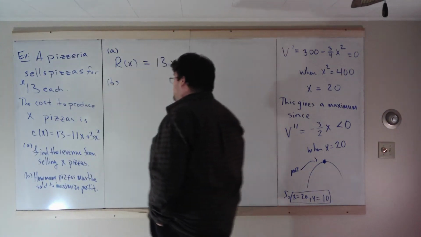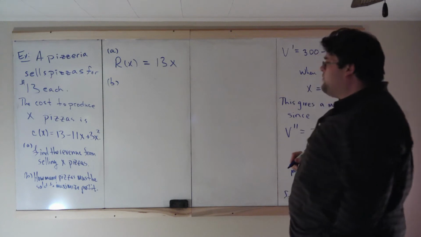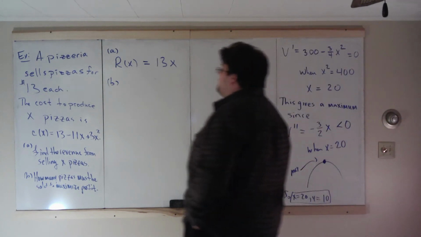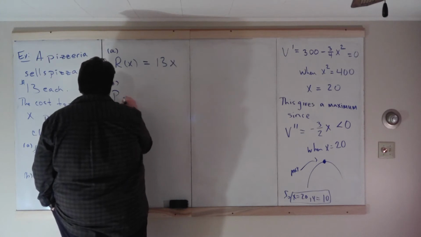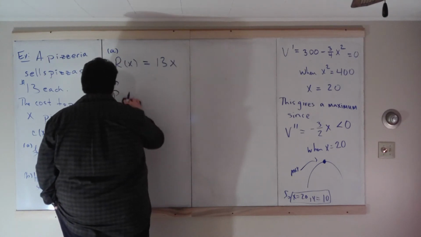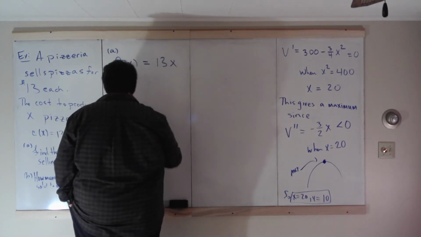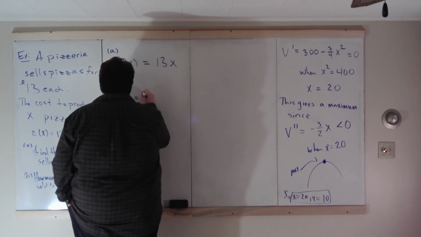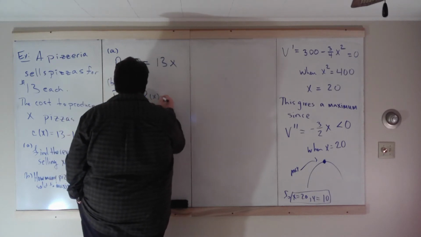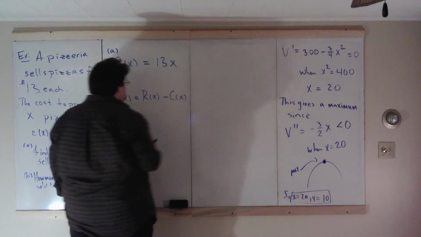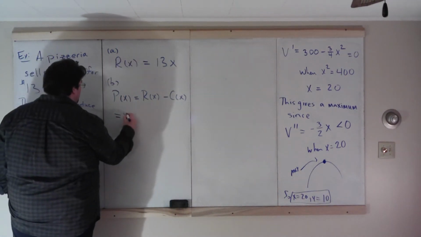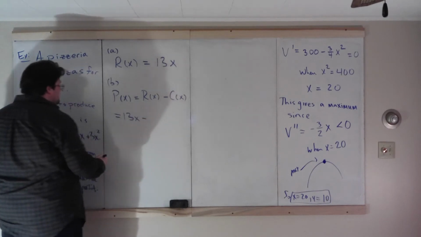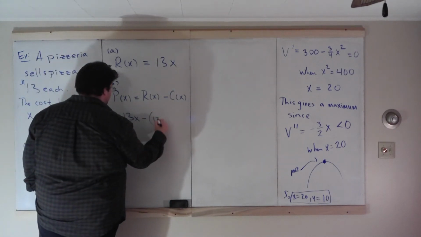Part B. How many pizzas must be sold to maximize profit? Well, profit, we'll assume they have only pizzas, because that's all we're given. Remember, profit, maybe I'll say P of x, is what the company, the pizzeria, takes in minus what they spend. So revenue minus cost. What's the revenue? 13x minus the cost, which is given.